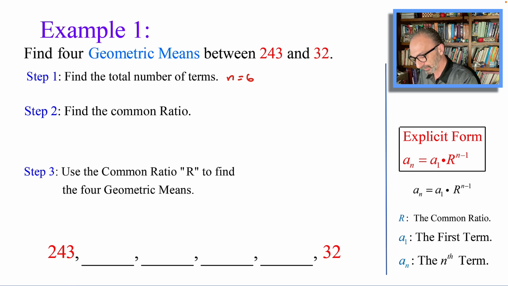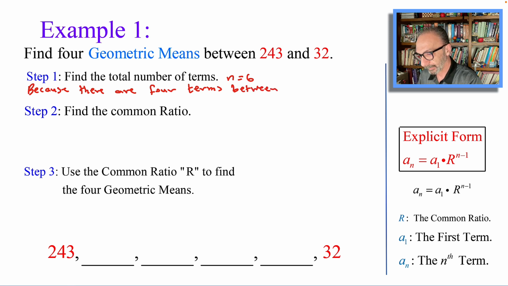And let me explain more. Because there are 4 terms between the first and the last term, there are 4 plus 2, the first term and the last term, that's the 2, or 6 total terms.